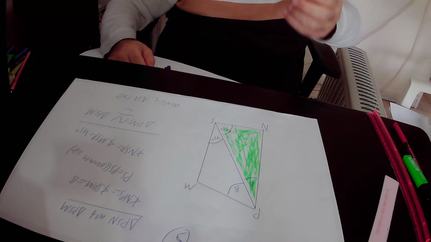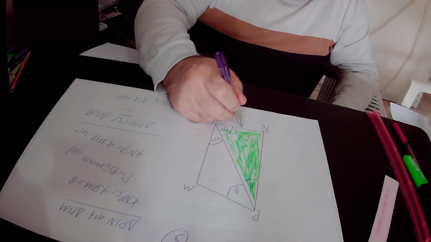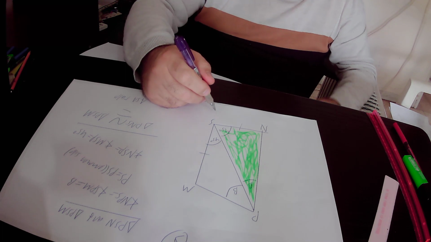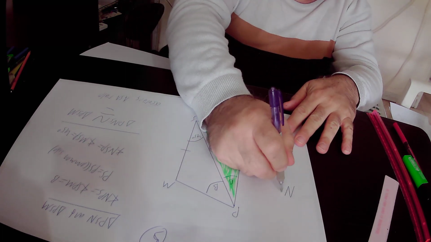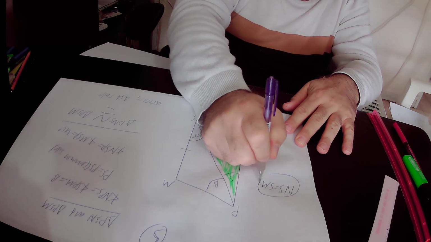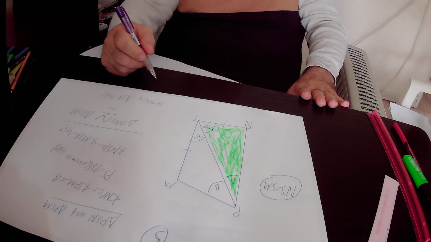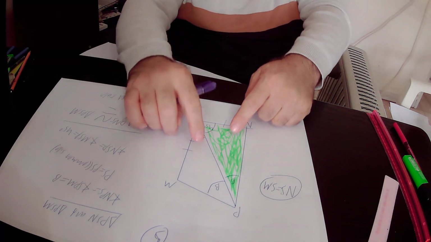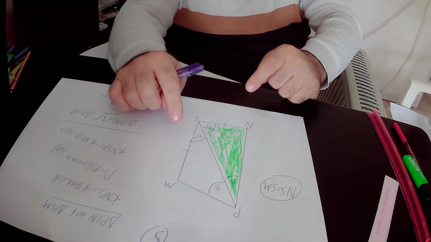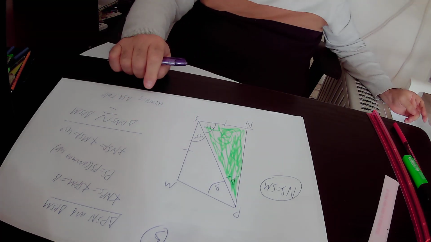And from the fact that those two triangles are congruent to each other, we will conclude that NS equals SM, according to the rule that corresponding sides in congruent triangles are equal to each other. Those two triangles are congruent to each other, therefore the corresponding sides, that is to say NS and SM, must also be equal to each other.